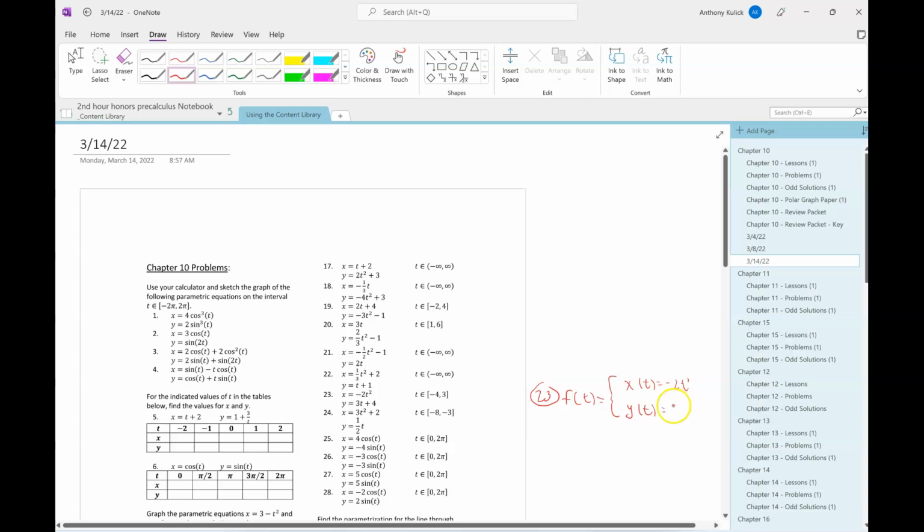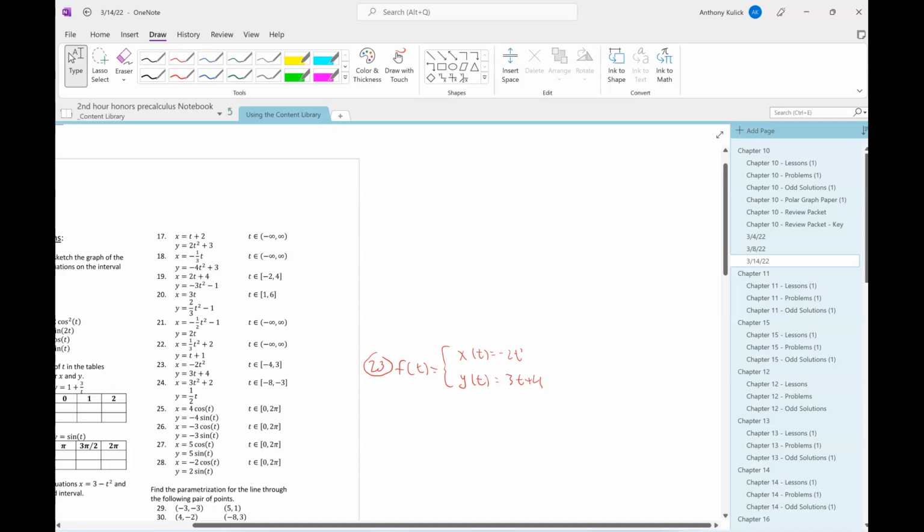I would probably just start using the y function, and use that to get the t by itself. And then plug that into the x function.